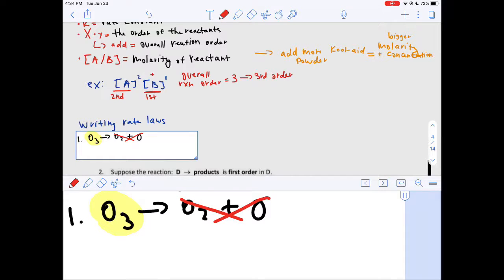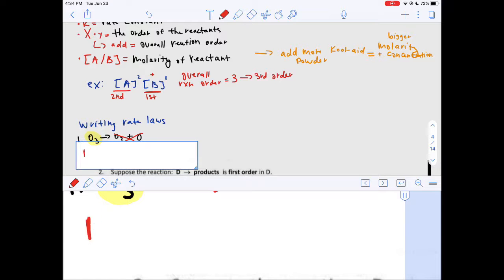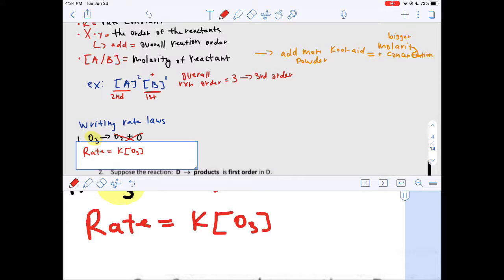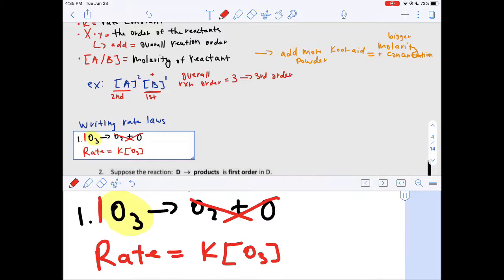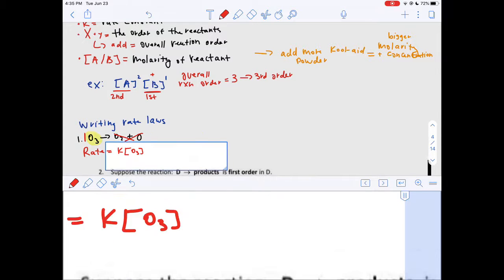I'll leave it in red. Like I said, your basic formula for this is going to be rate equals K times the molarity or concentration of your reactant, which here is O3. Since there's only one O3 molecule in this whole equation, you know it's going to be first order because it's raised to the first power.